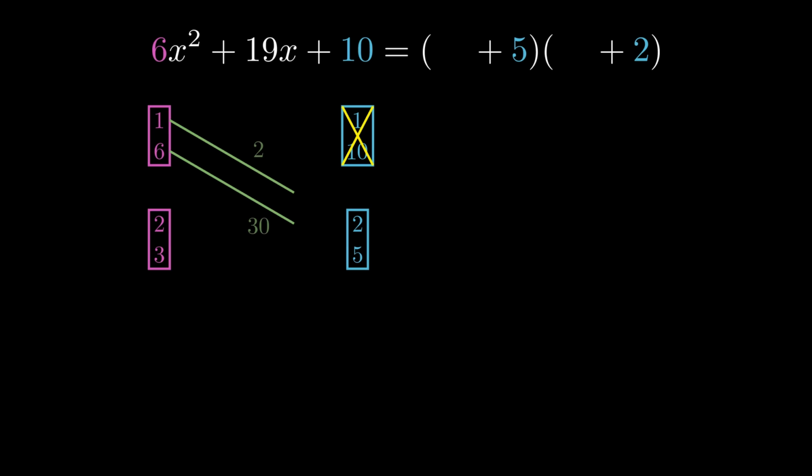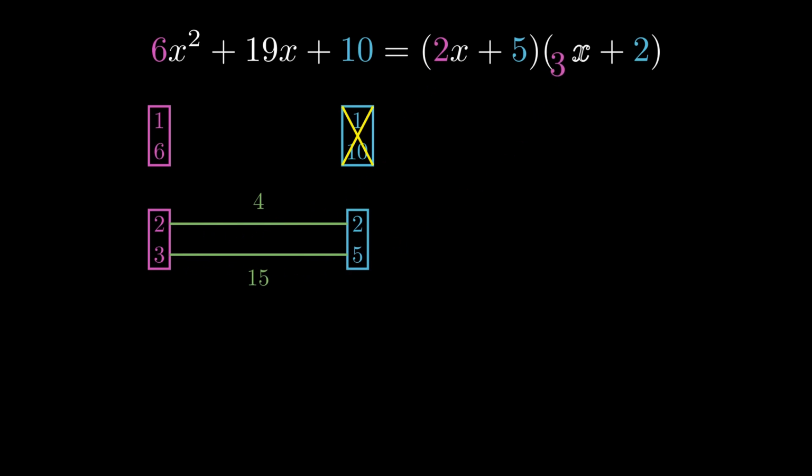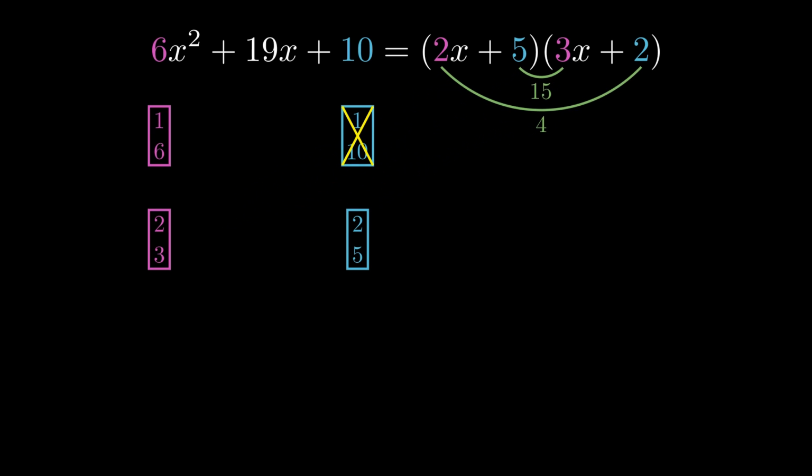So we'd have these ones giving 32, it's no good, these giving 17. And here we hit the 19 we're looking for. Okay, and so the 2 and 3 go in. And the order is important. You need to make sure the numbers will multiply correctly to get the 15x and 4x, adding up to the 19x that we're targeting. Okay?